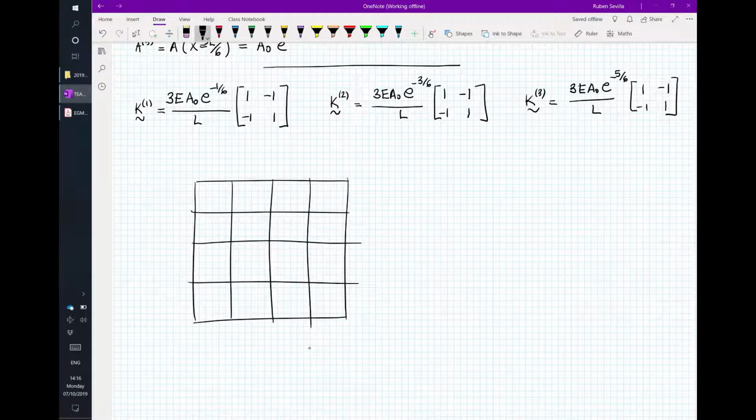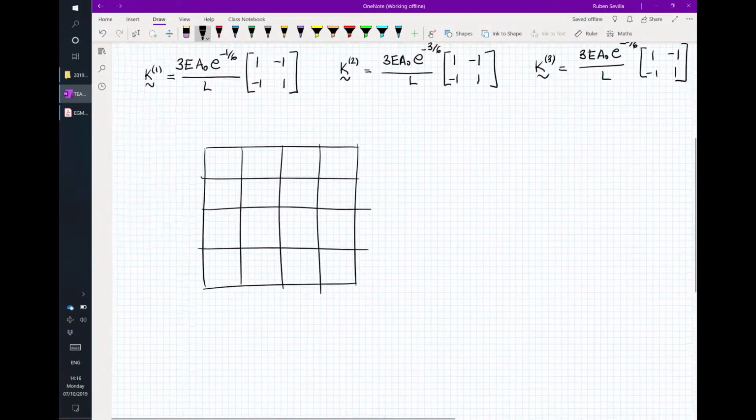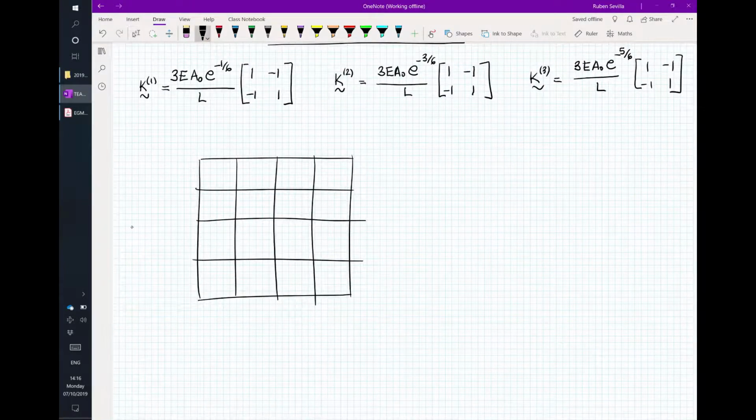I'll put my global K, my global stiffness, empty, and I'm going to start putting all the contributions together. Now, whatever is common, I'm going to put it here as a common factor, just to make things slightly easier. Okay? And now I put the contribution from the first element.